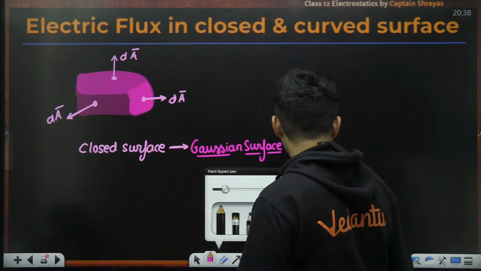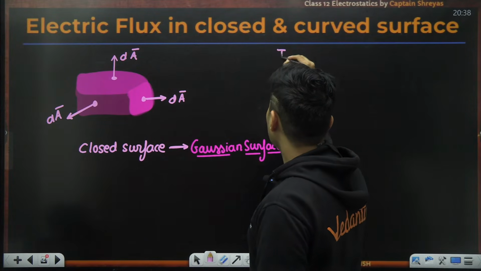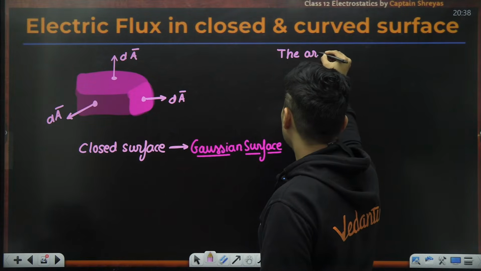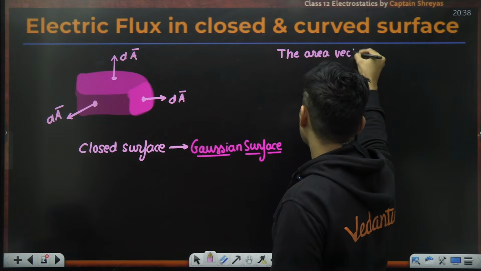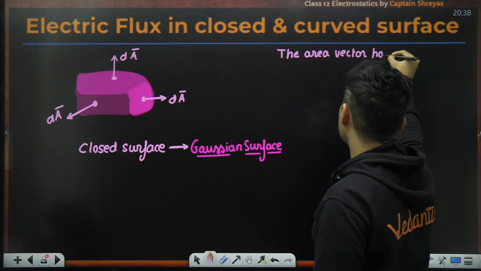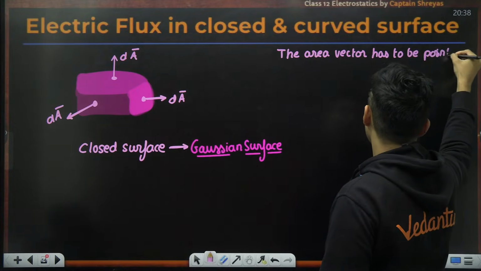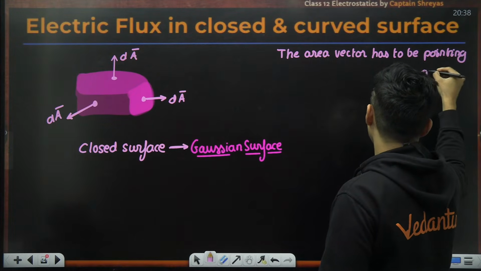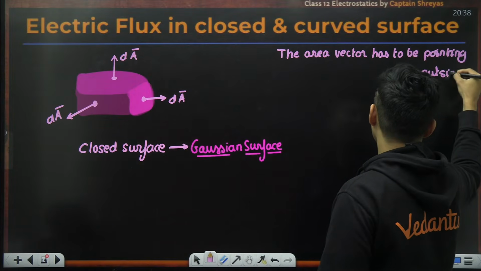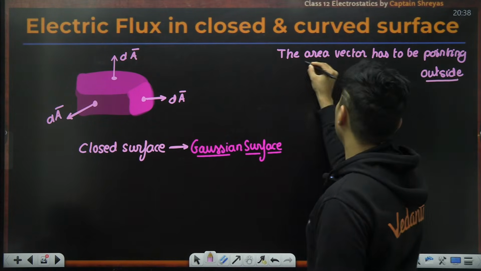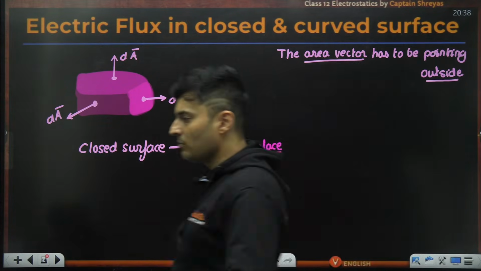So for a closed surface, the area vector has to be pointing outward or outside. This is very, very important.